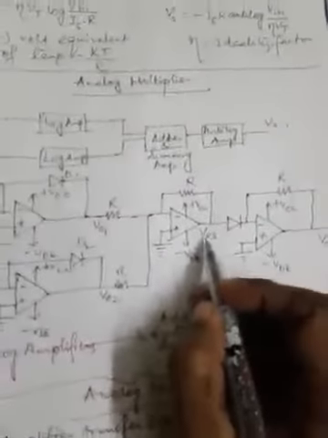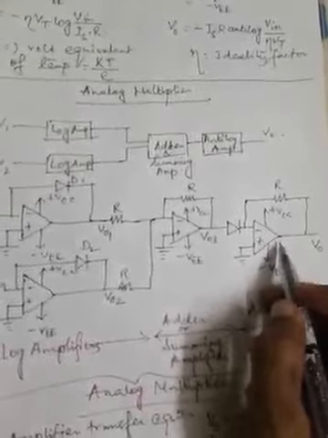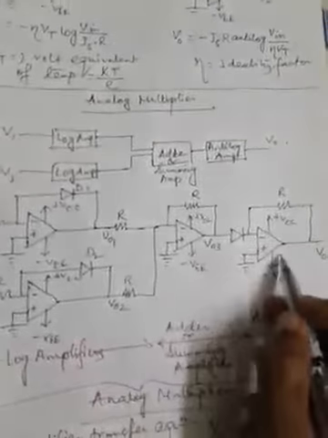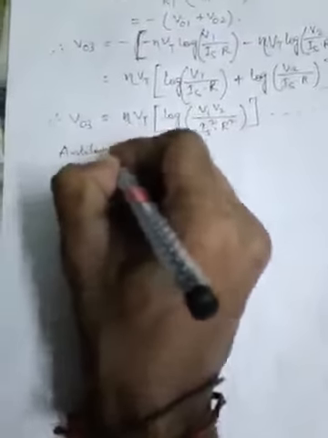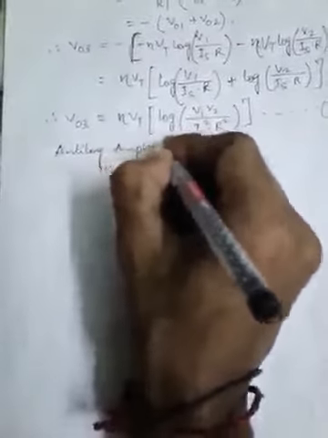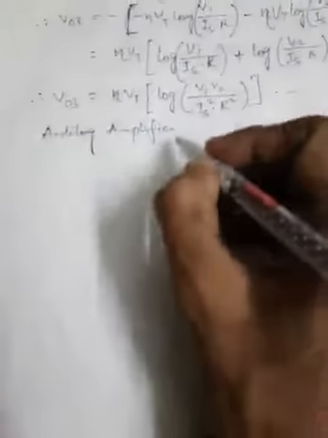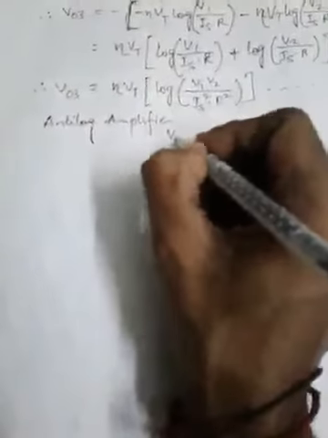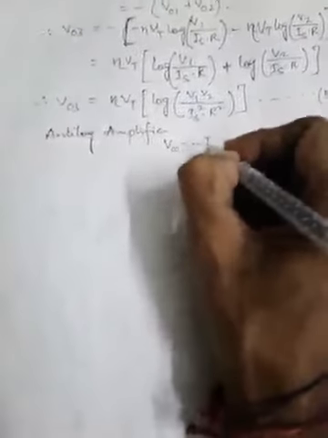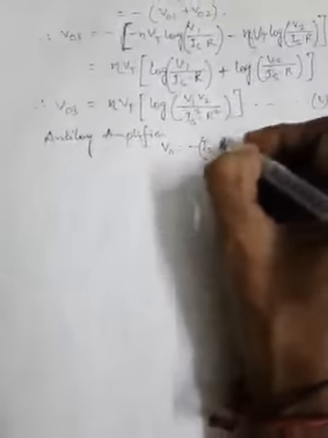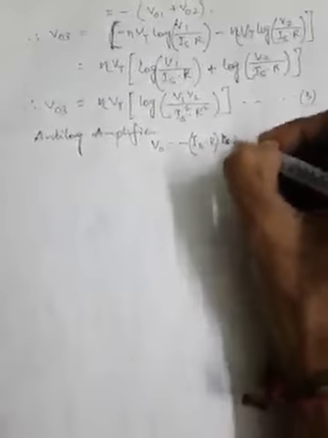Now what VO3 is doing? VO3 is being applied as the input to the anti-log amplifier. Now let us write the equation for the anti-log amplifier. For the anti-log amplifier, we know in inverting mode this should be VO is equal to minus Is into R anti-log of V in by eta Vt.